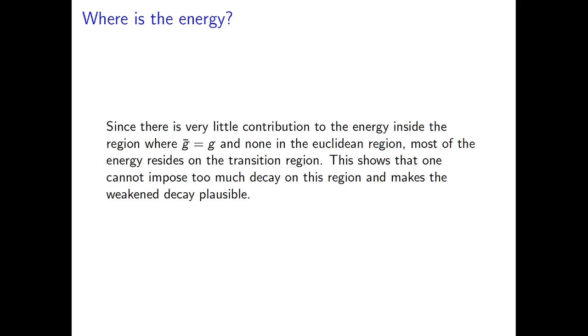So the amount of energy in a small cone is a small fraction of the original energy, and the extra energy has to concentrate in that transition region. For that reason, you cannot impose decay which is x to the 2 minus n, at least not with a fixed constant, because it would violate the conservation of energy in the construction.